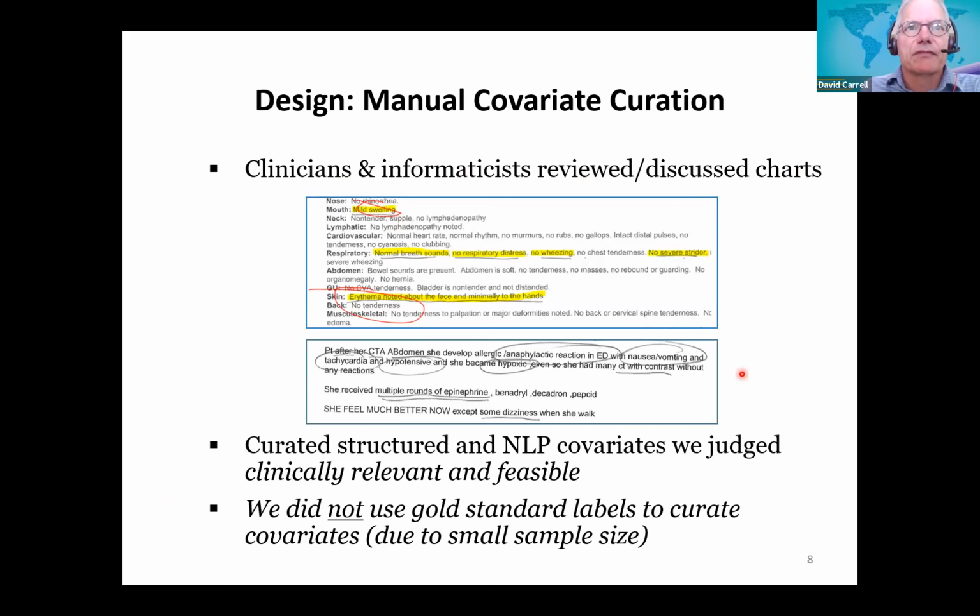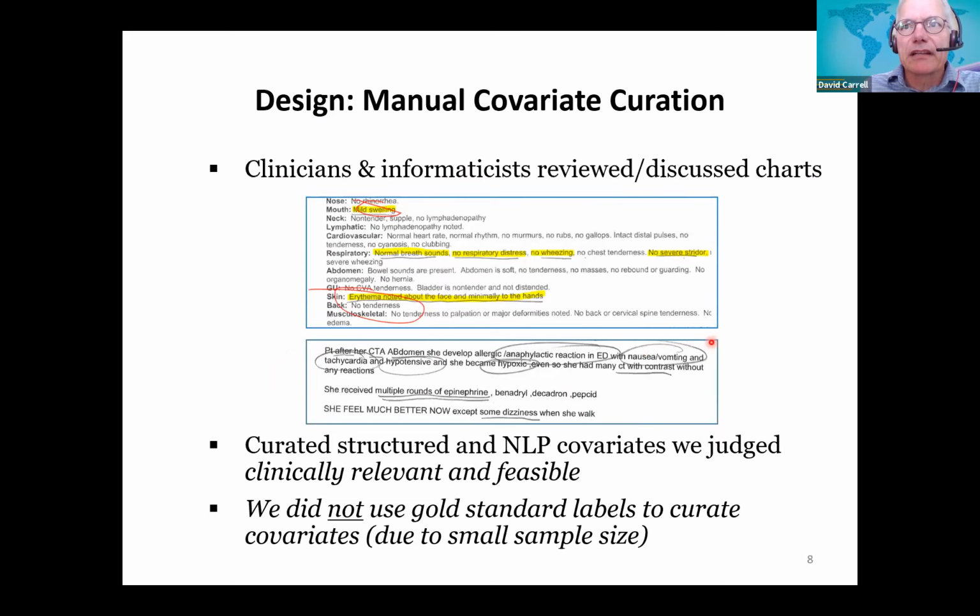Here are some examples of charts. In the top, we see the concept of swelling is important for this diagnosis, the concept of erythema. Sometimes we would find sections of text like this lower example here, where lots of relevant symptoms are described in the context of maybe a description of a diagnosis, some treatment, and so forth.